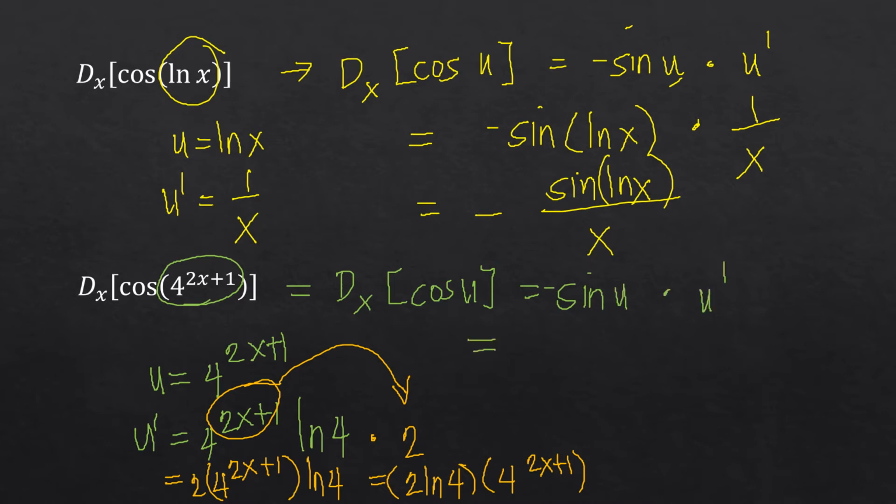Let u be equal to 4 raised to 2x plus 1. So we have negative sine of 4 raised to 2x plus 1, multiplied to the derivative of 4 raised to 2x plus 1, which is already solved here.